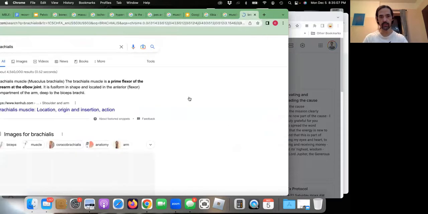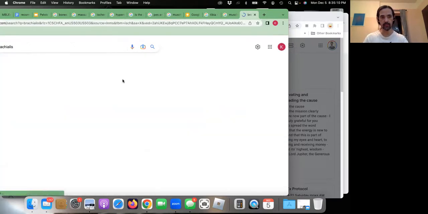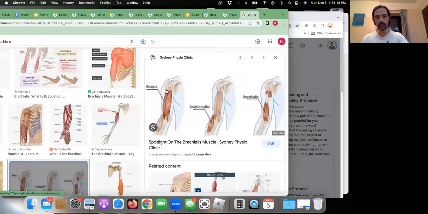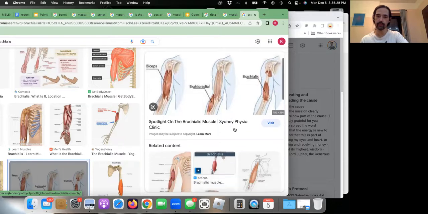I just want you to see that the brachialis muscle in the arm is a nice analog to the soleus muscle. So here we go. So you have the biceps, that's like the calf muscle, right? And then you have the brachialis under that, that's like the soleus muscle.